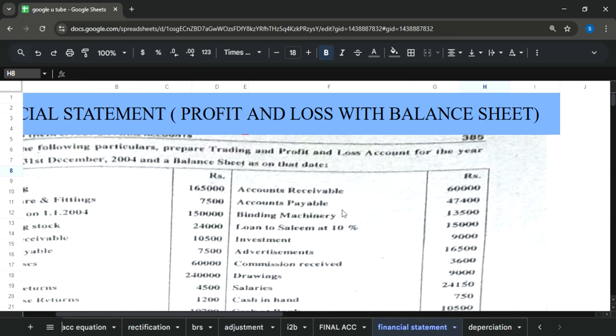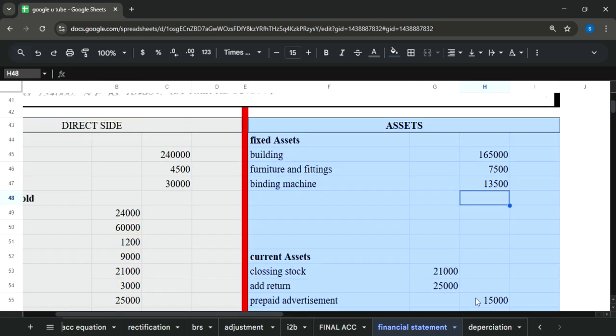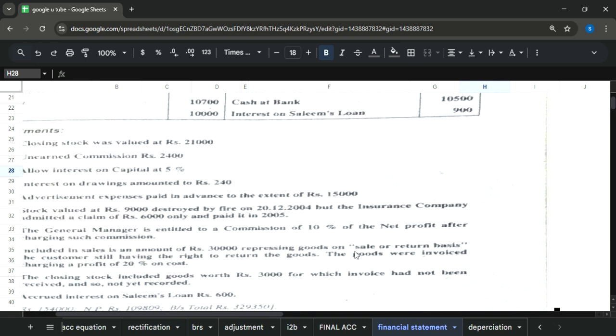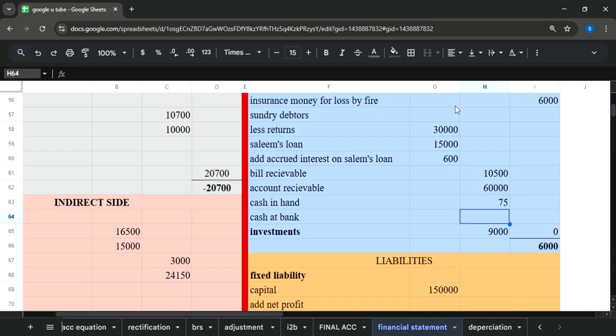First let's see how much cash in hand, that is 750. Put the amount in front of it. Now we will see how much is cash at bank, and that is 10,500. Oh, look here, the 10 skipped. That's very dangerous for us.